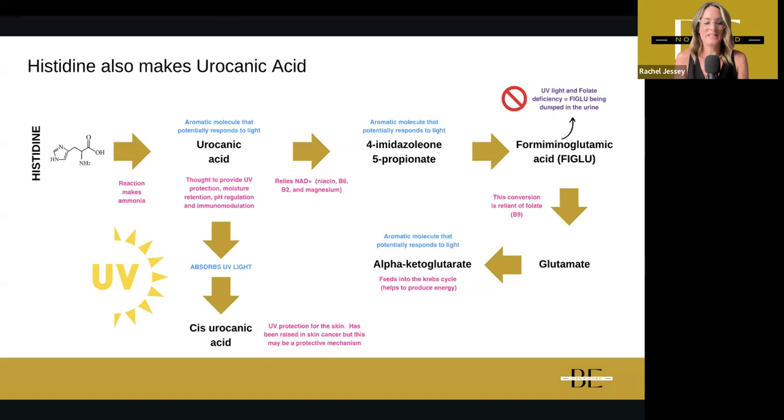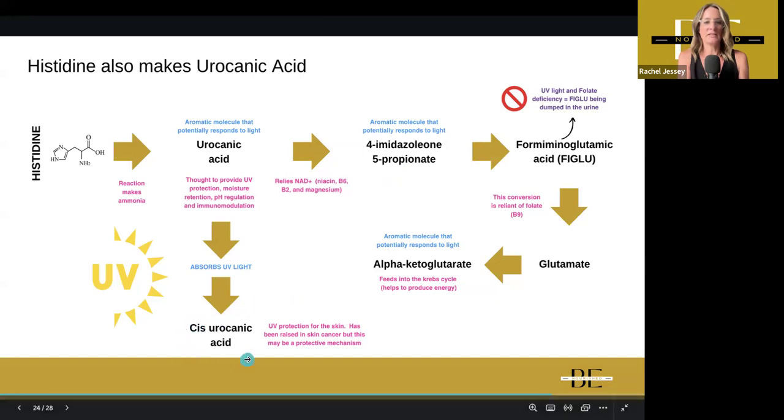And we need the UV rays from the sun not only to make urocanic acid, but also to help with the conversion of urocanic acid to cis-urocanic acid. And this metabolism pathway is really, really important for providing protection to our skin from ultraviolet radiation.